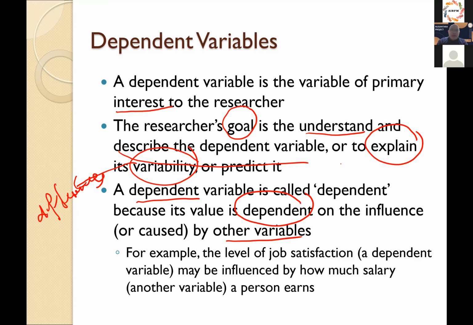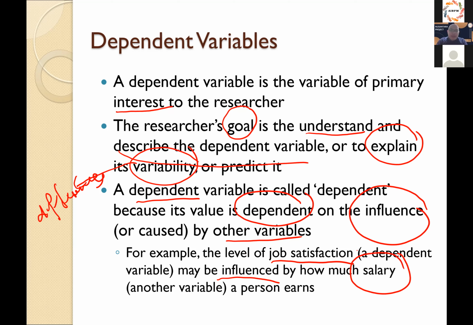So a dependent variable is called dependent because it depends on the influence of other variables. It can be from independent variable, moderating or intervening. Just for example, your focus is job satisfaction, so it's a dependent variable. It may depend on how much salary you get.